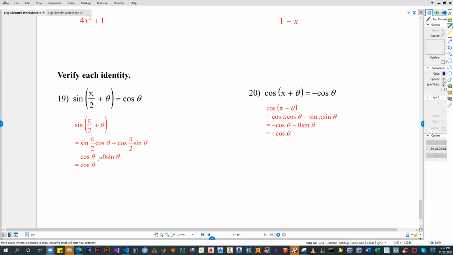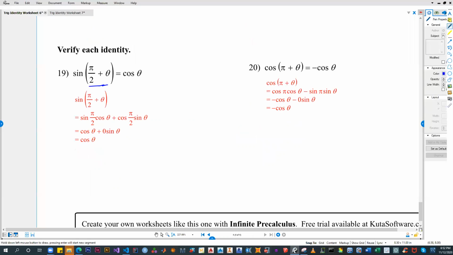Okay, so when you have something like this, it's really simple. You have something added in a sine, so just apply your sum and difference. I think this is the addition sine one. So it's sine, cosine, cosine, sine. So you have sine pi over 2 times cosine theta plus cosine pi over 2 times sine theta.